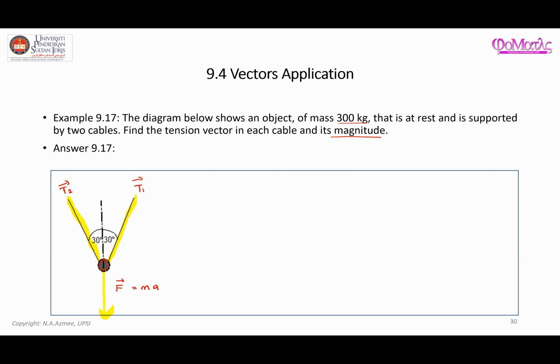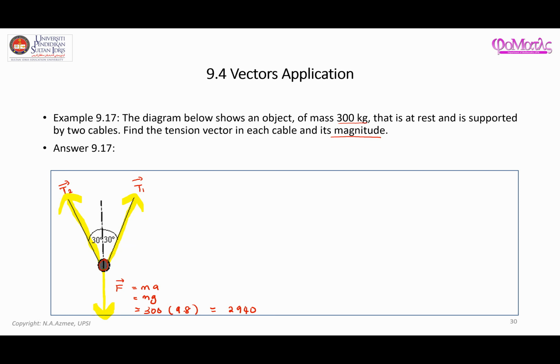The mass is 300 kilogram, and a is acceleration, which is actually related to gravity, so we can change it to mg. So this is equal to 300 times gravity, 9.8 meter per second squared. So the magnitude of the force is now equal to 2940, and this is going in this direction.